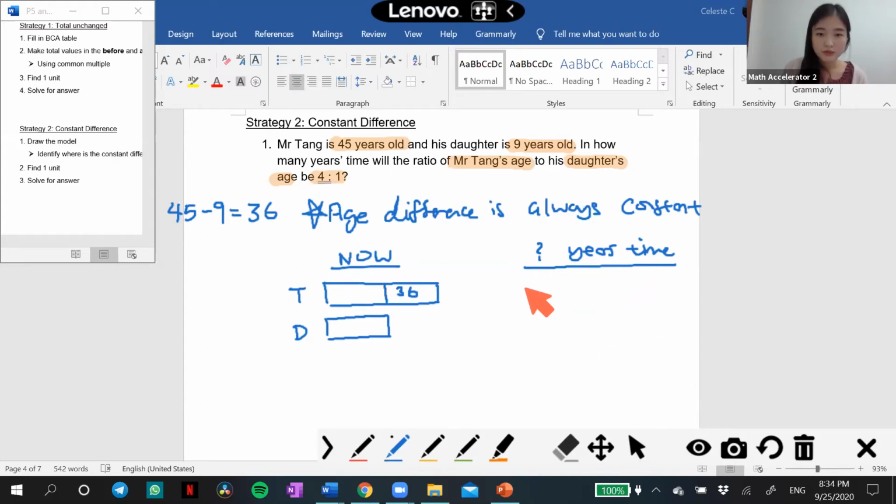Right, and then in how many years' time will the ratio become 4:1? So what they want here is 4 units for Mr. Tang and 1 unit for the daughter.